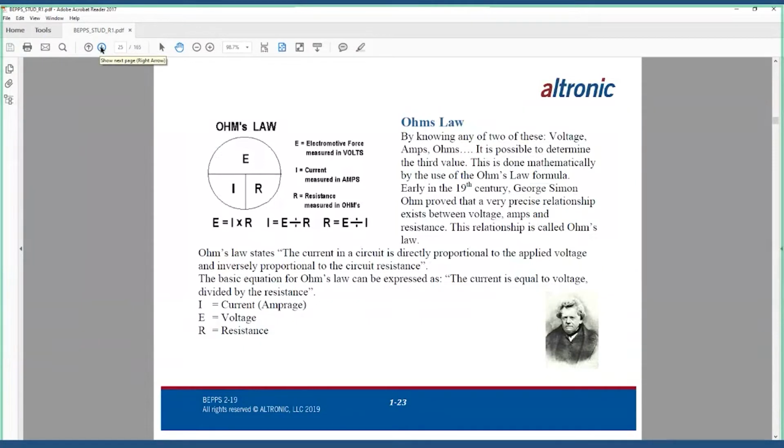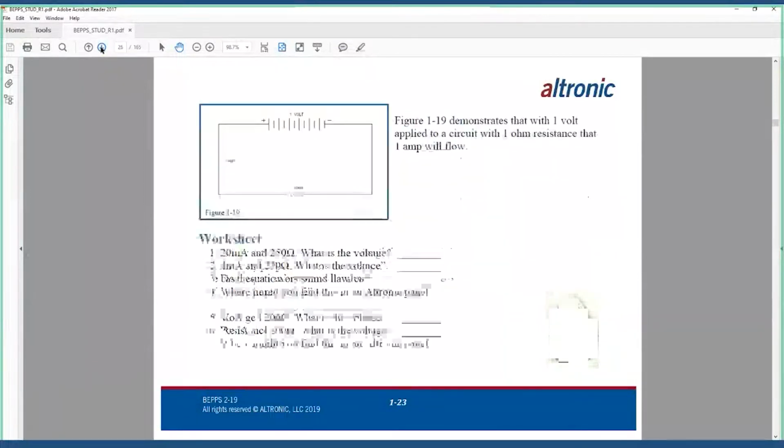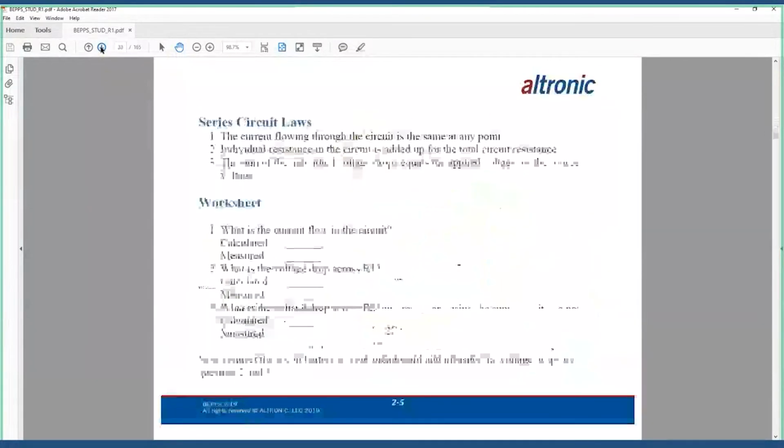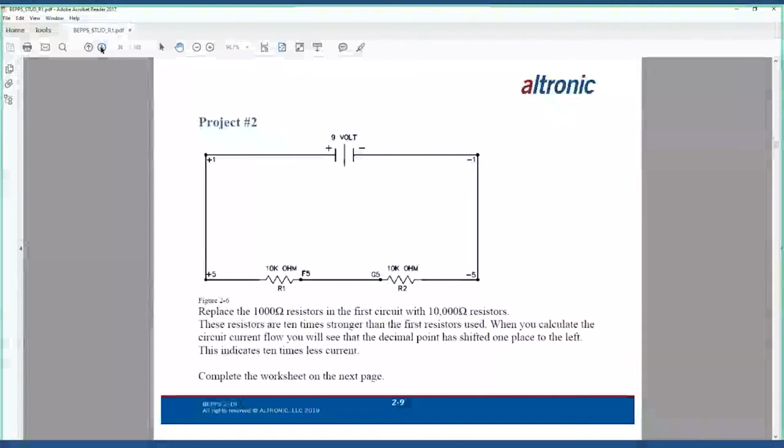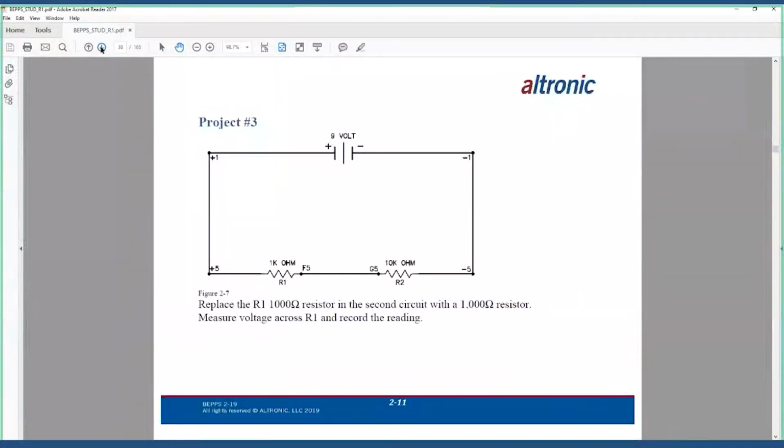So had I not carried it over or rounded it off, we would have come right back to a perfect 9 volts. So there's proof that if we get off in making our math calculations a little bit, we can make a mistake. But if we understand that Ohm's law is Ohm's law, and it always comes up with the same answer, we identified we didn't have values working out, because when we added our voltage drops back up together the first time, we came up with 1.7, and that was not right.